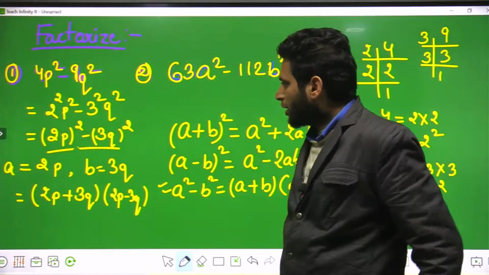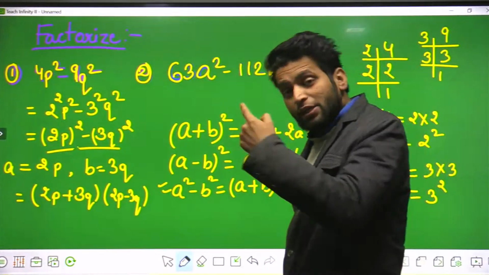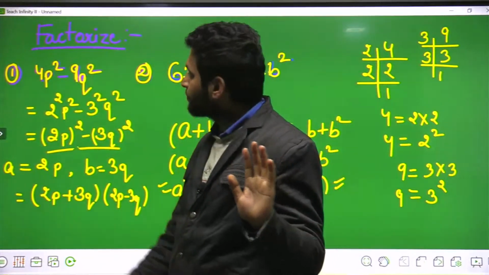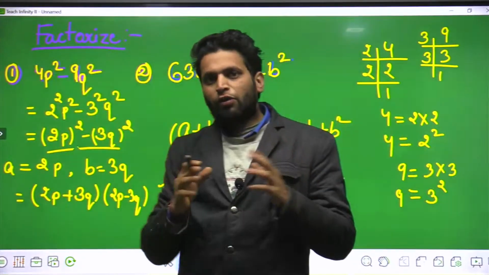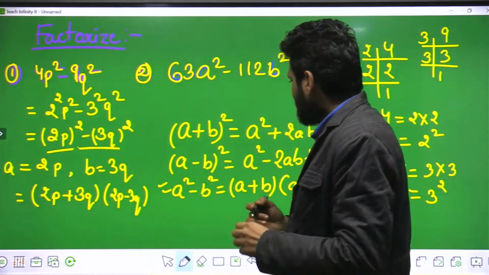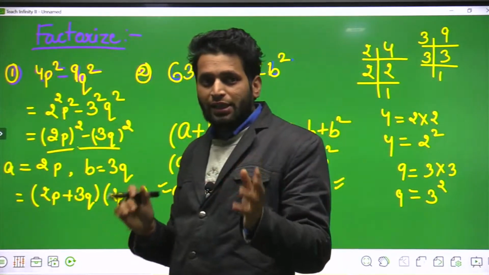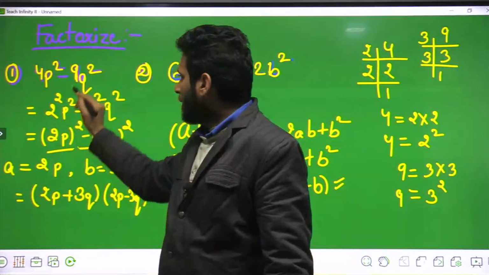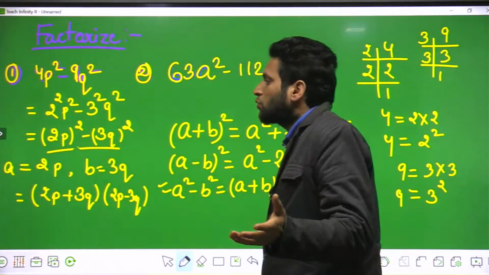So according to it we can convert it. You can see there is 4p square. p is already in the form of a square, but 4 is not in the form of a square. So we will write 4 as 2 square, and we write 9 as 3 square.